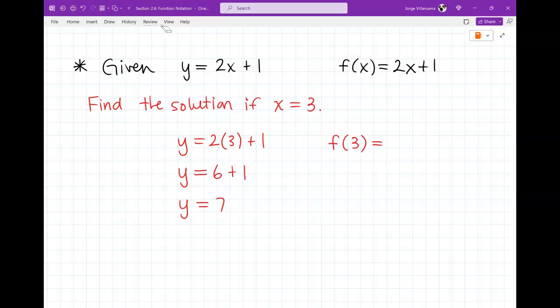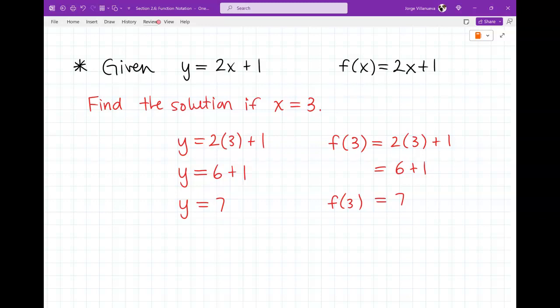That doesn't mean f times x. It means f composed of x, f of x. Okay? So f of 3 means plug in a 3. So it basically just looks like this. 2 times 3 plus 1, which is 6 plus 1, which is also 7. Okay? So f of 3 is 7. Same answer, a different look.